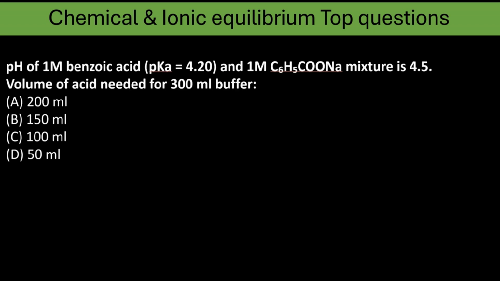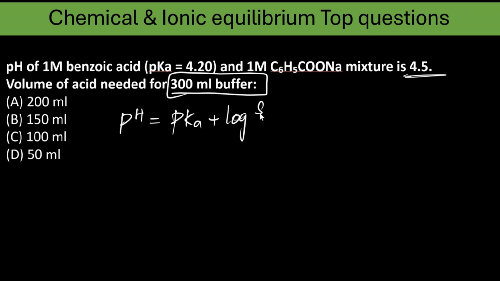Okay. And next one, pH of 1 molar benzoic acid and 1 molar sodium benzoate mixture is 4.5. Volume of the acid needed to prepare 300 ml of buffer. Okay, so first of all, pH is given as 4.5 and pKa is given as 4.2. What you can do is substitute the values. pH is equal to pKa plus log of salt by acid.